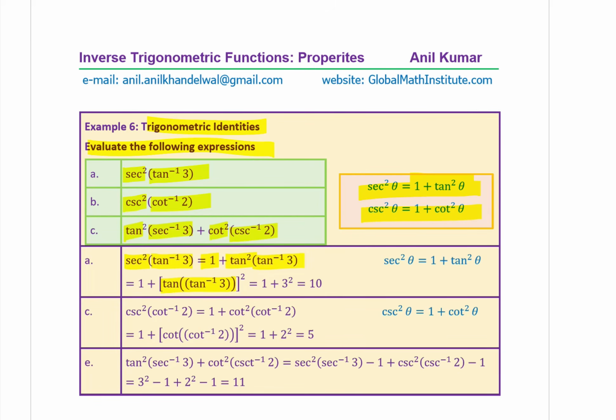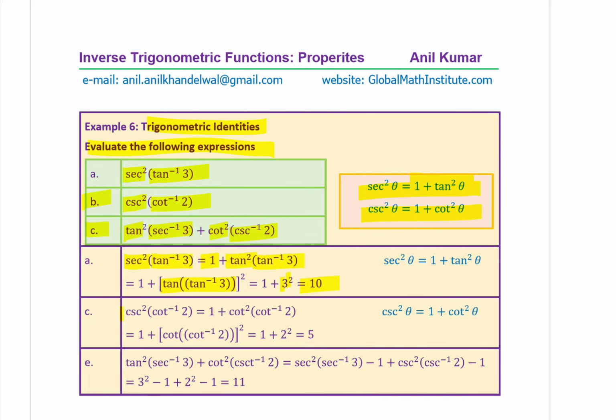So inside we can write tan of tan inverse 3 whole square. Perfect. Now tan of tan inverse 3 is 3 and we are going to square it. 3 squared is 9, 9 plus 1 is 10, and that is how we get our result. Clear? Same strategy. You can apply for B and C, check it out, and then see my solution.